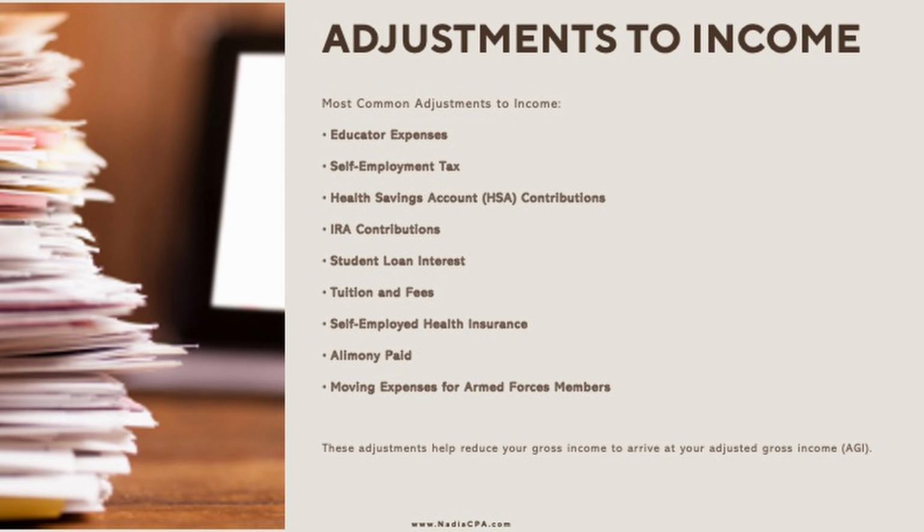If they spend money on classroom supplies, they are limited to an amount, but they are allowed a deduction. We also have self-employment tax, because when we have our own self-employment income, we are subject to self-employment tax, but we get an adjustment for that. The government allows us to deduct some of that tax and reduce it from our income. Once we reduce our income by these adjustments, we come across what's called adjusted gross income.